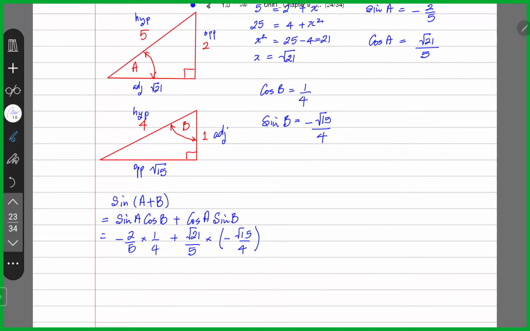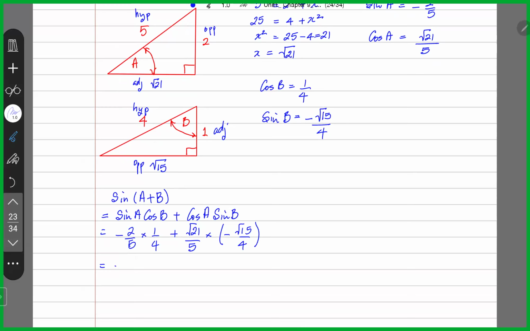So far what this looks like, it's minus 2 over 20. And here we're going to also have a minus. This is minus root 21, root 15. So we have the root of 21 times the root of 15. And that is actually equal to 3 root 35. So this is minus 3 root 35.